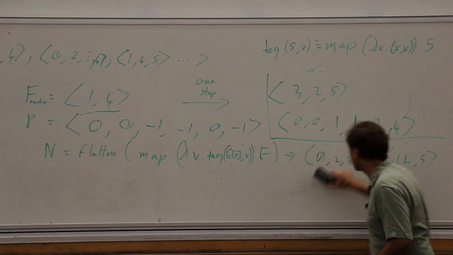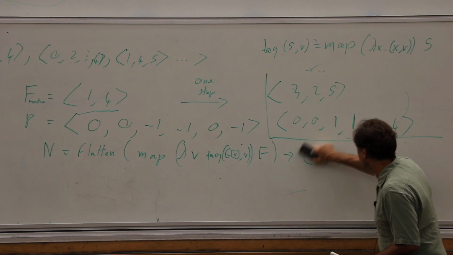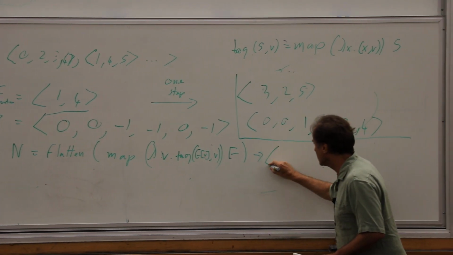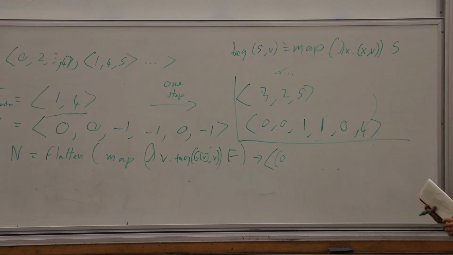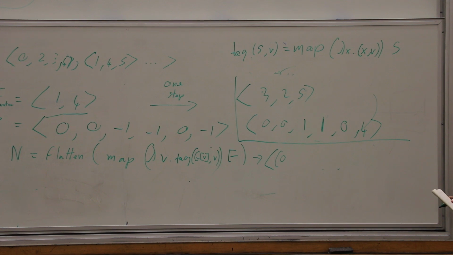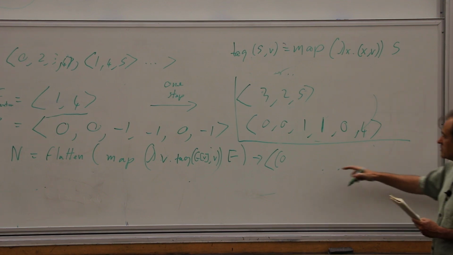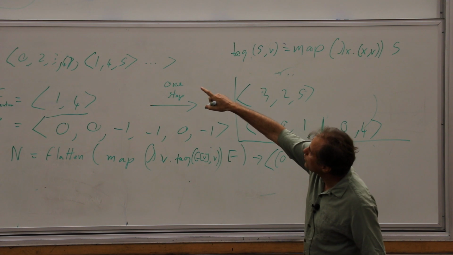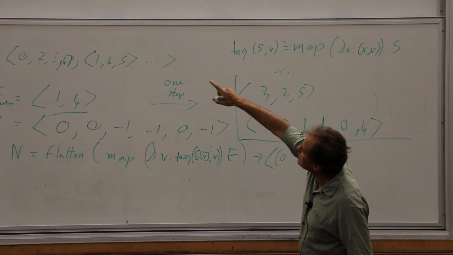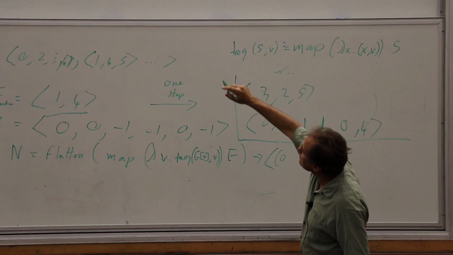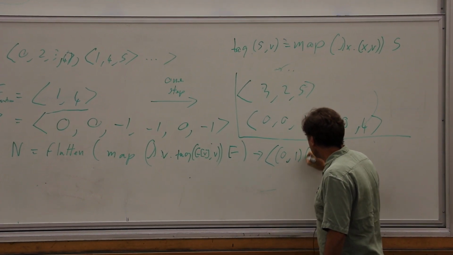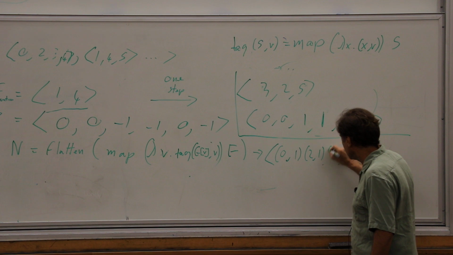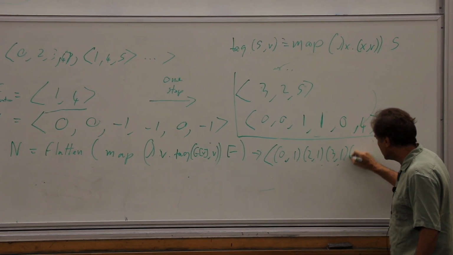And it's going to give me something that looks like a bunch of pairs. It's going to give me the destination. So for 1, it's 0, 1; 2, 1; 3, 1; 4, 1.